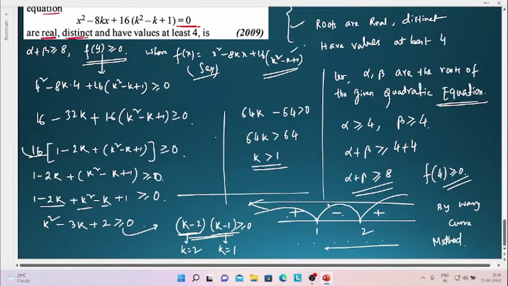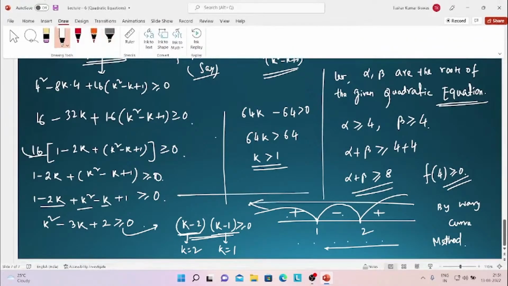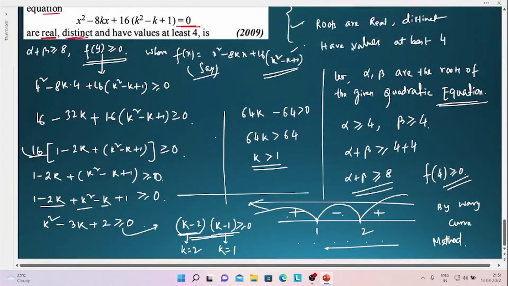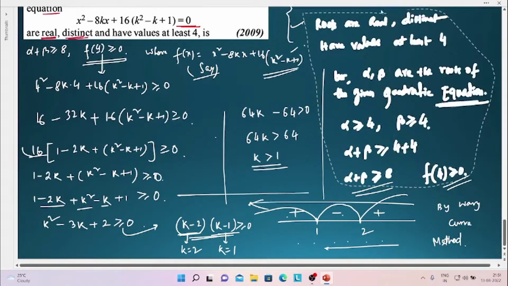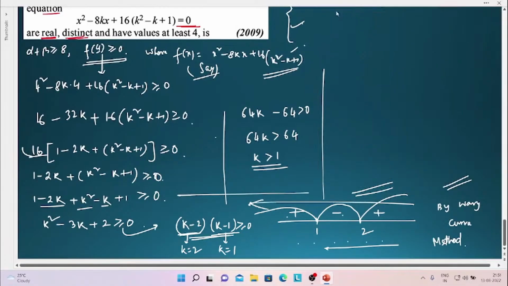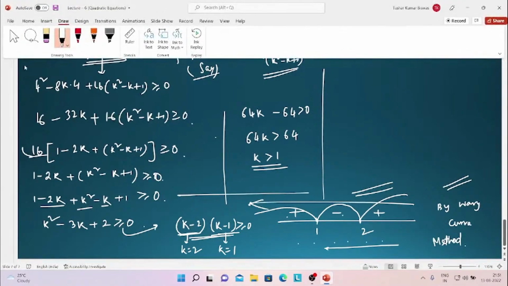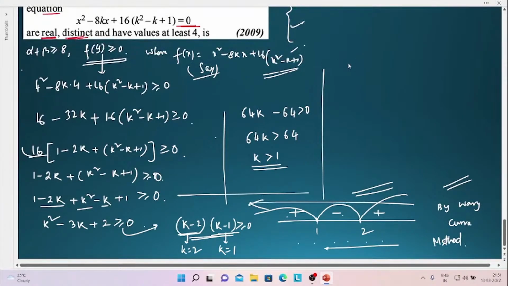This is the actual method, but there are other proofs that exist on the internet also. You can check them on your own, right? But this is how the wavy curve method looks for problem solving.